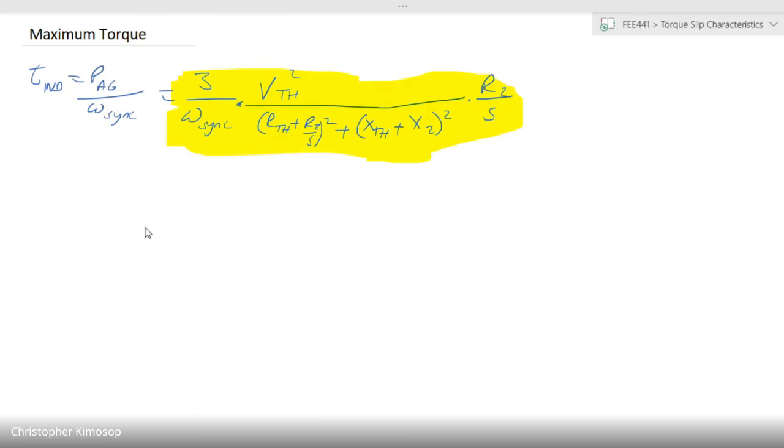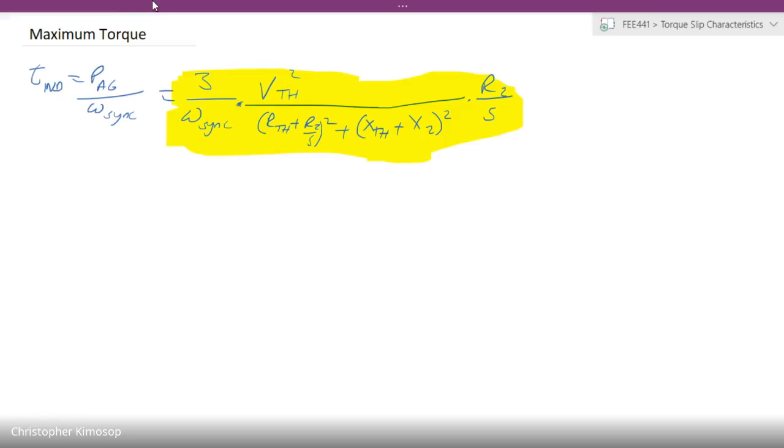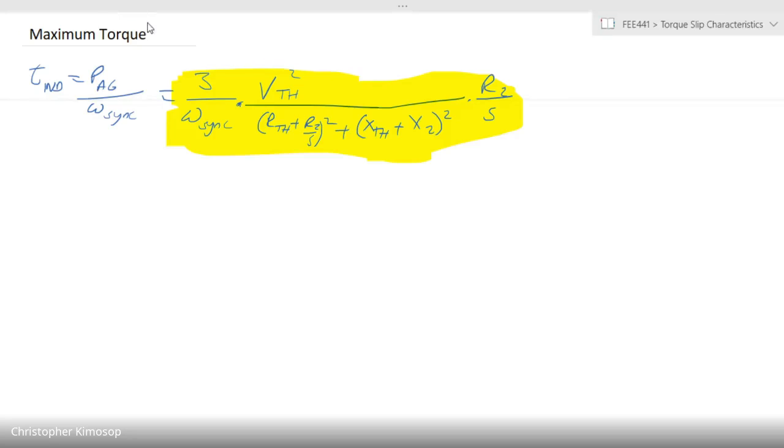So for the air gap power, we say it is maximum when the value of the slip itself is equal to the absolute total of that.